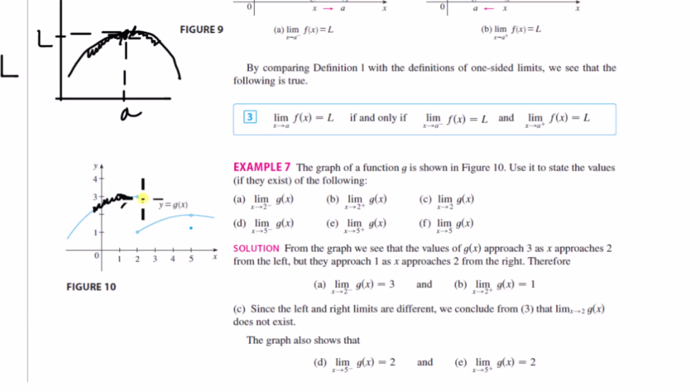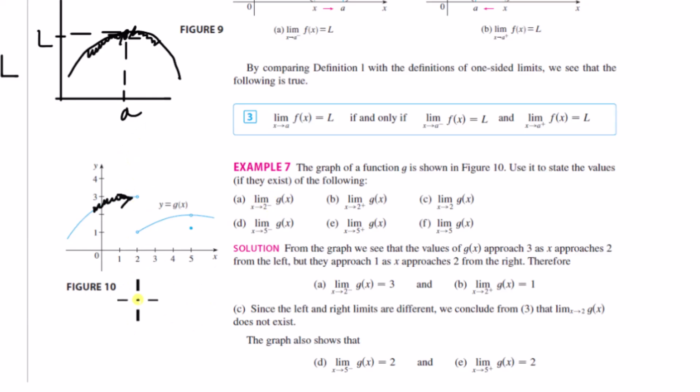But look, the function doesn't exist here. It's an open circle. Well, it exists at 2, but it's not equal to this value. It's equal to this value over here. So what does that mean? Well, it doesn't mean anything at all when it comes to evaluating limits, right? Who cares what's happening at the actual limit value itself?